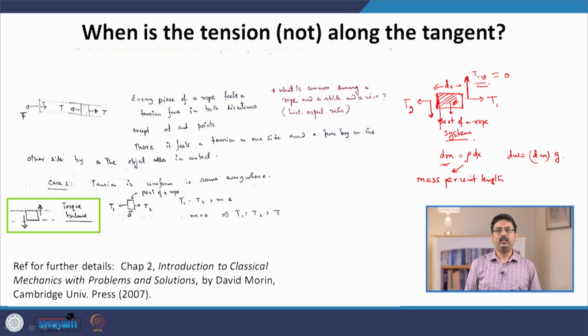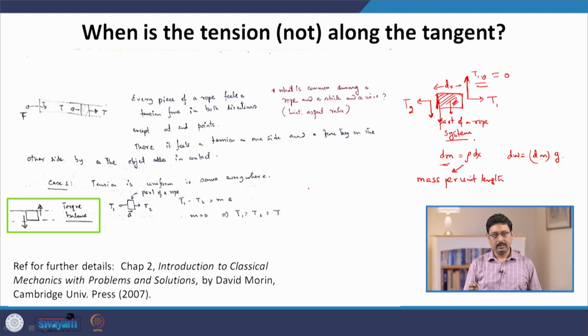They can never balance each other. So the only way that the rope can be static is if there is no vertical component. But if there is some external vertical force, then the rope can bend. This is what we also observe: if we hang a rope between two supports, in general it bends.